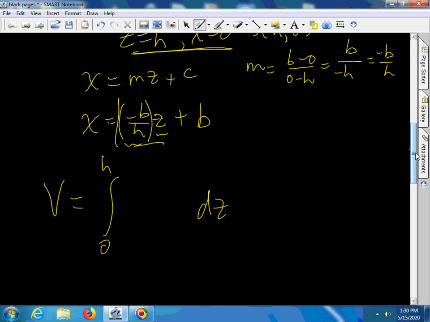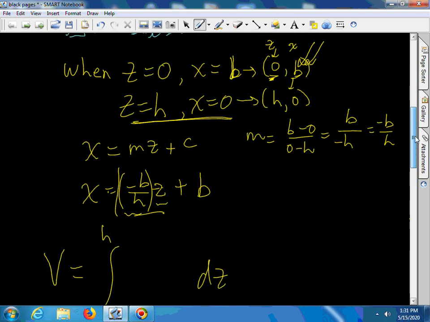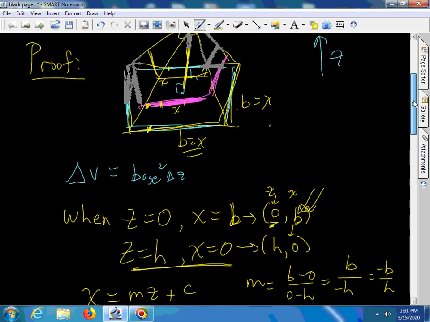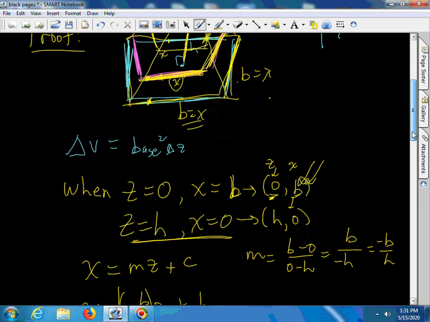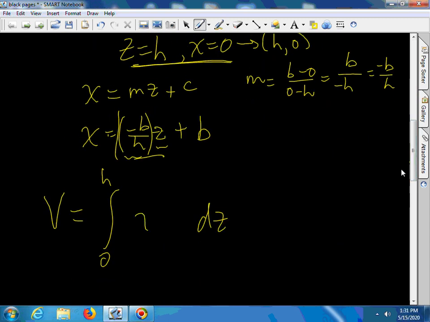Now the area of each slab is going to be base times base, side by side. But each side is x. So it's going to be x squared.